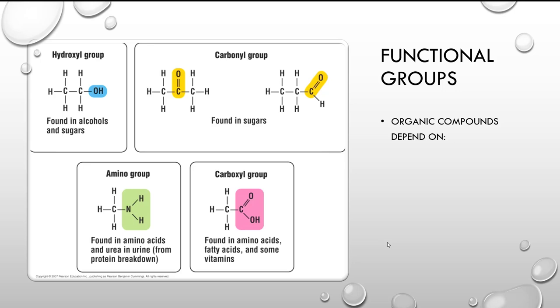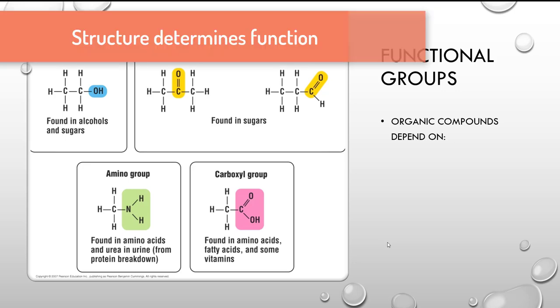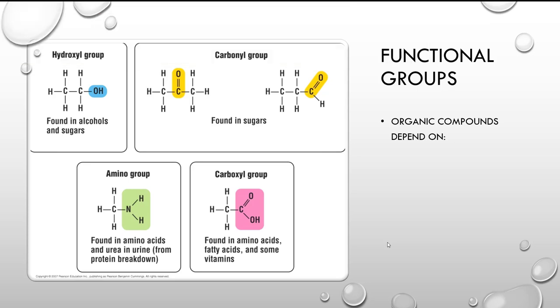Okay, now as I keep talking about organic compounds, their structure will help determine their function. So we're going to look at what are called functional groups, and they help us determine what exactly that molecule's function is. Okay, so we're going to look at the properties of each one of these functional groups.